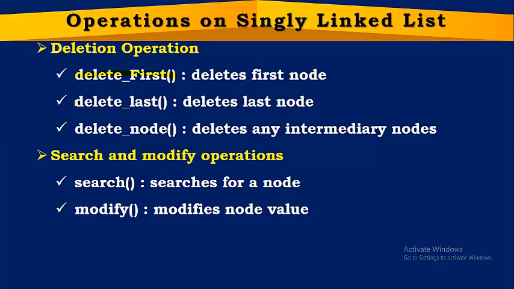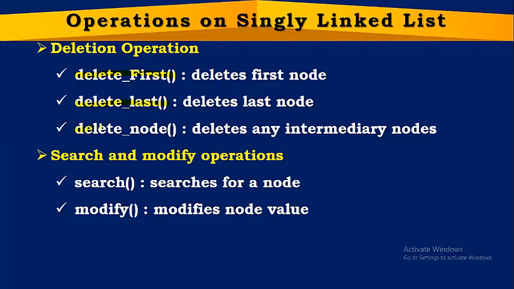Next, deleting the last node. When you call the function delete_last, it is going to delete the last node. And whatever node was present before that last node, its link part is assigned to null because it should become the last node now, right? Next, deleting any intermediate node.